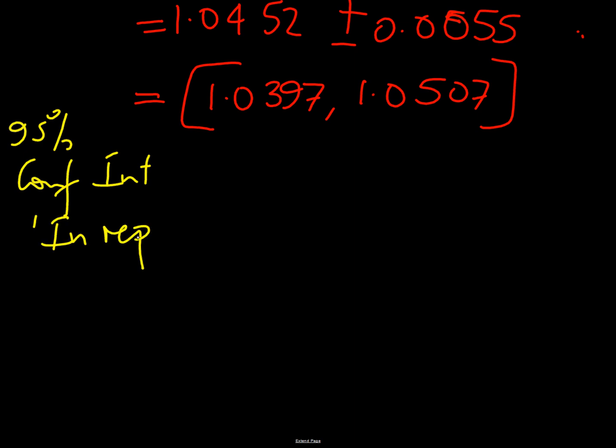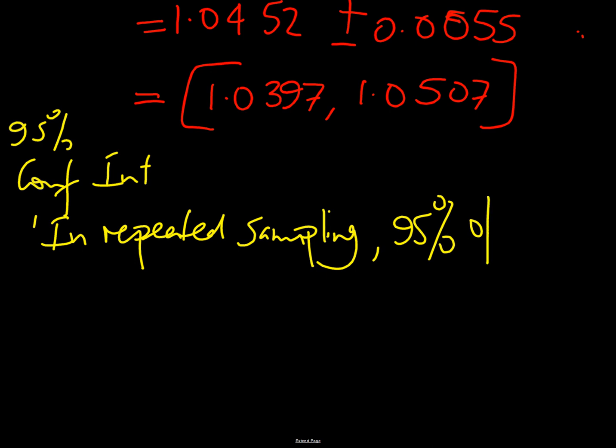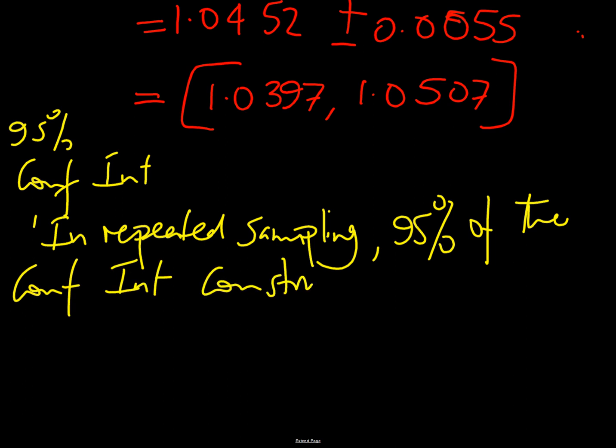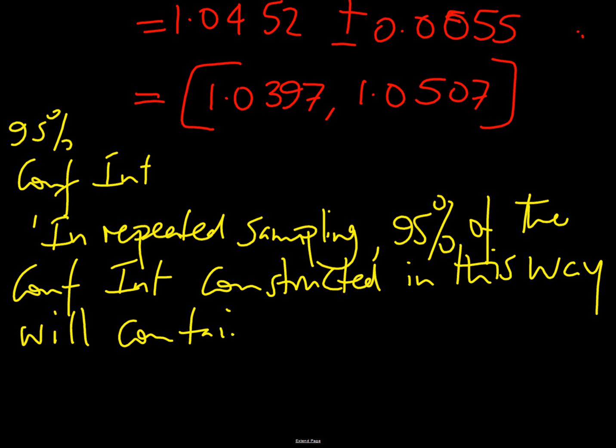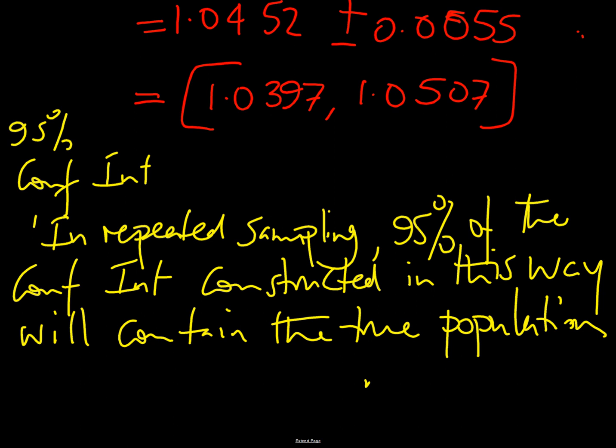In repeated sampling, so that's not just one off, but in large numbers, 95% of the confidence intervals constructed in this way will contain the true population mean.